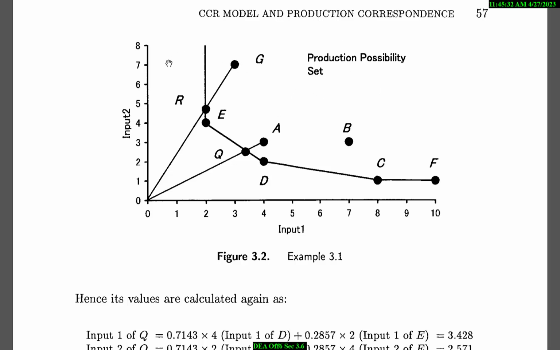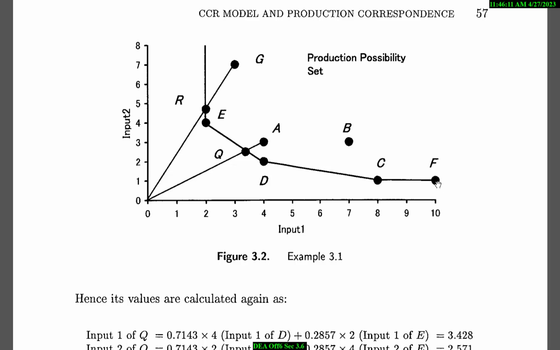Note that by the assumptions, you can see that this is the production possibility set, and by using this, as you see, for E, D, and C we cannot determine DMUs with fewer inputs in the production possibility set. So E, D, and C are efficient.